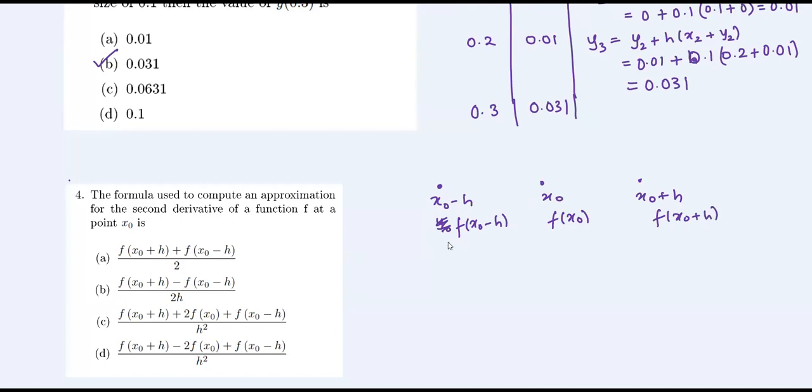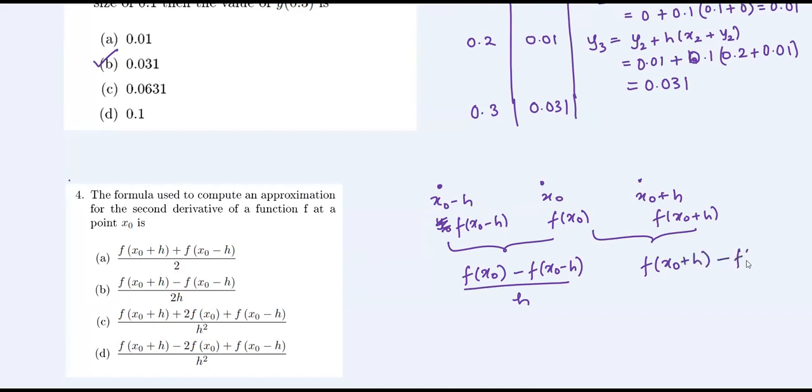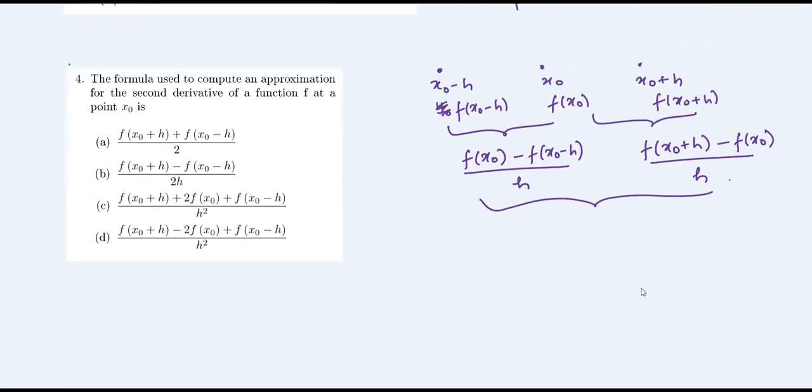The first derivative between these two is f of x naught minus f of x naught minus h, by h. And the first derivative between these two, f of x naught plus h minus f of x naught, by h. Now, derivative of these two.